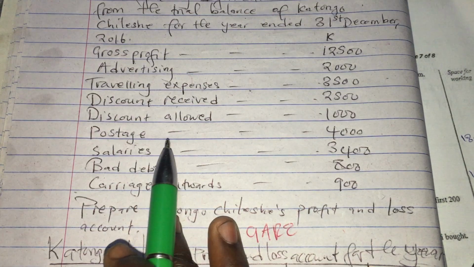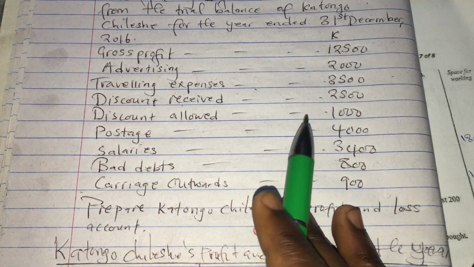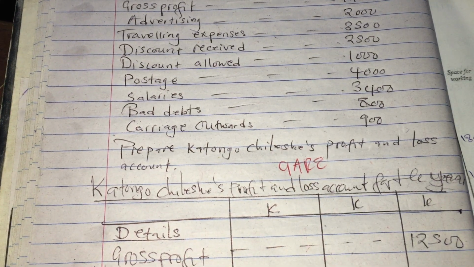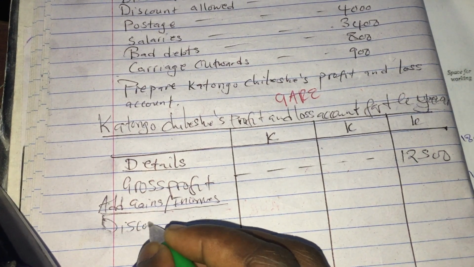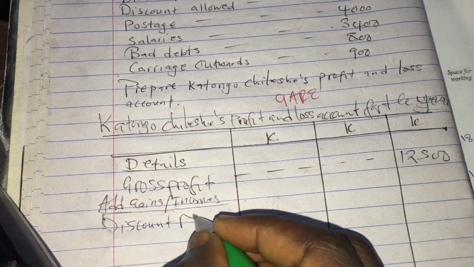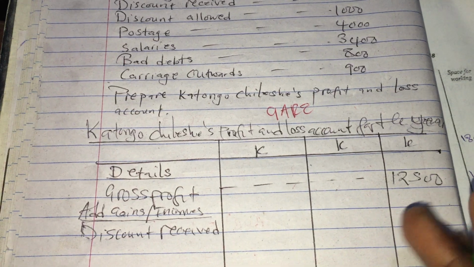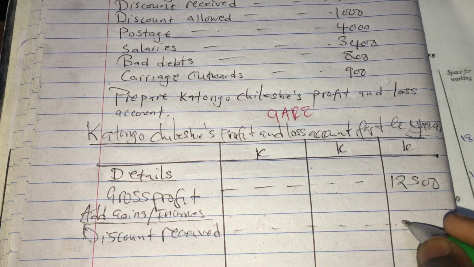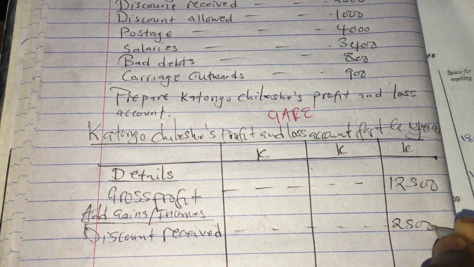If you check the question here, we do have discount received. So here we write discount received, and the amount should be placed at last, which is 2500.